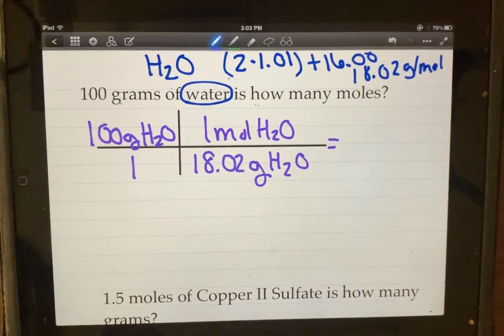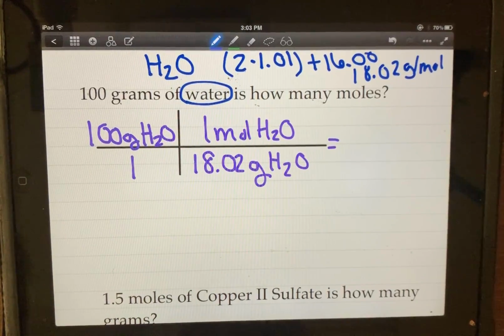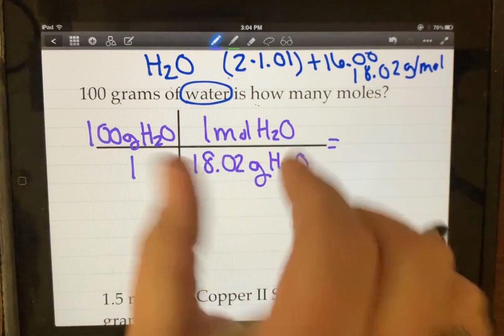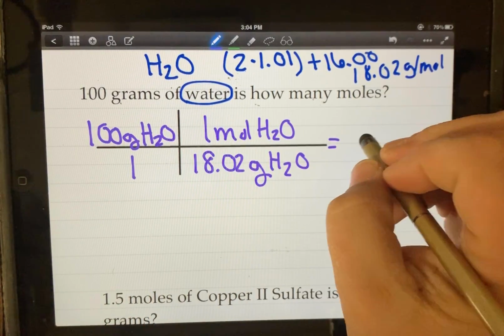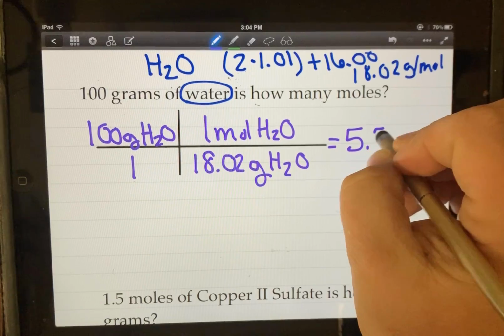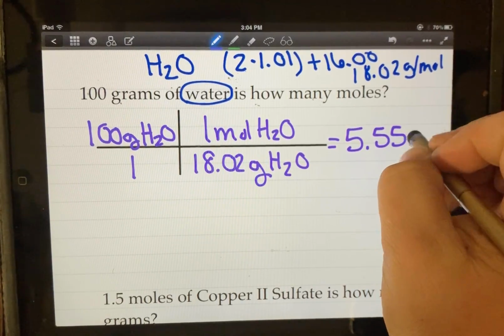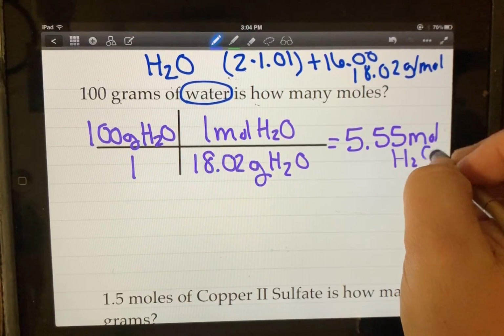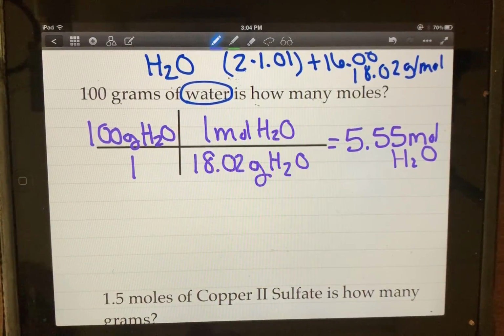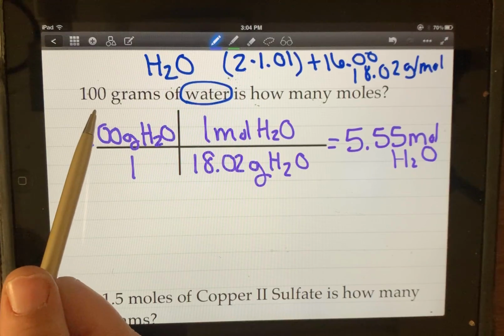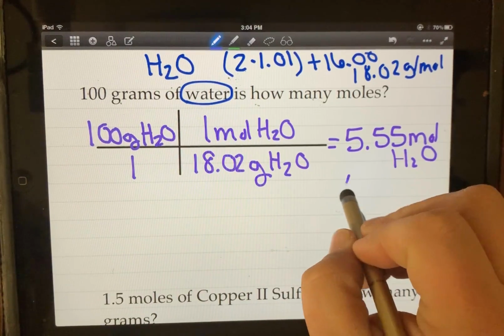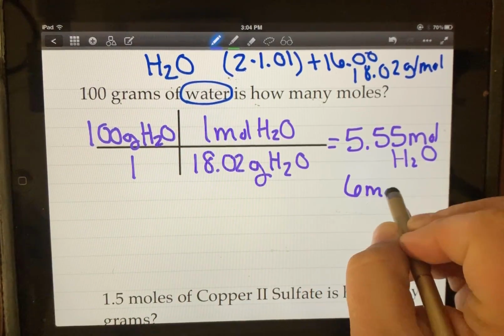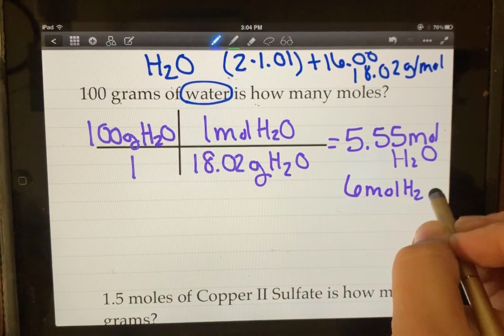I'm going to perform my operation. And after I perform my operation of the product at the top divided by the product at the bottom, I'm going to get 5.55 mole of H2O. And if we're following our only as precise or least precise, I do not have a decimal on that number. And so I'm going to have to round this so that I have 6 moles H2O.